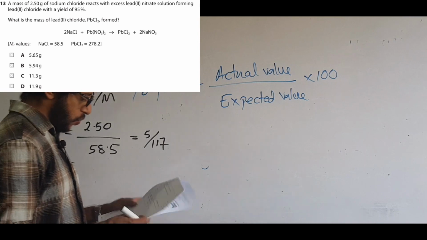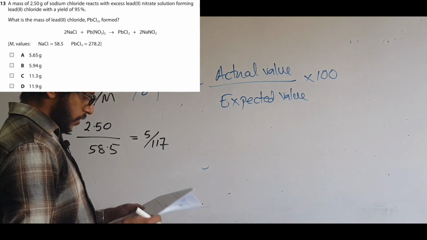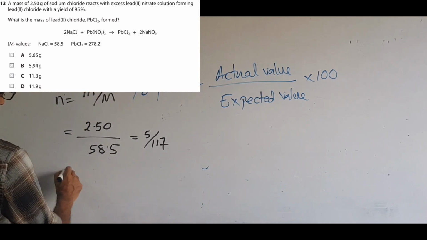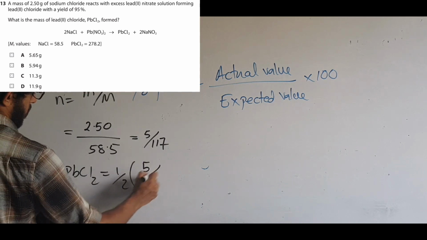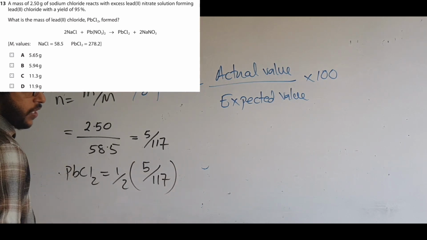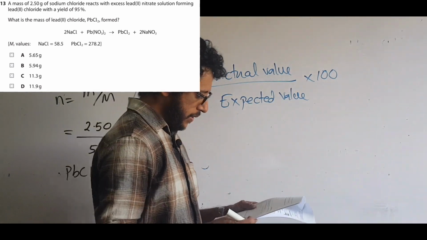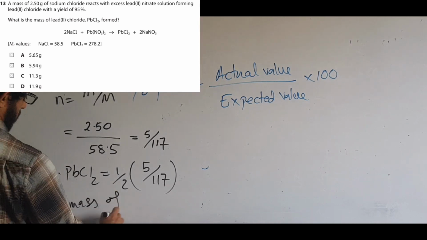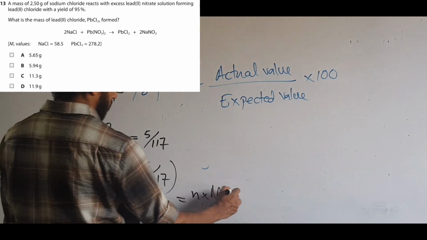So, reaction is 1:1, right. Sodium chloride reacts with excess lead nitrate, sorry 2:1, forming lead chloride. So, lead chloride equals half of this value. Why? The ratio is 2:1. 2 sodium chloride gives you only 1 lead chloride. Then you have to find the mass. So, mass of lead chloride would be, these are simple calculations, amount times molar mass.